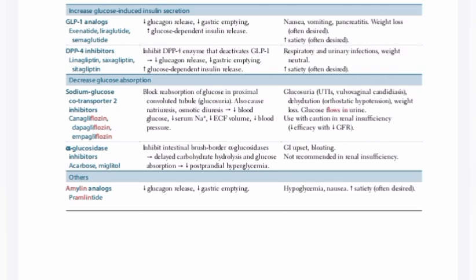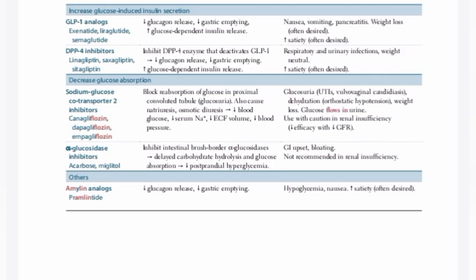They are important in carbohydrate hydrolysis and glucose absorption, but when inhibited, carbohydrate hydrolysis will be delayed and glucose absorption delayed. It has not that many side effects, GI upset or bloating, but it is contraindicated in renal insufficiency.